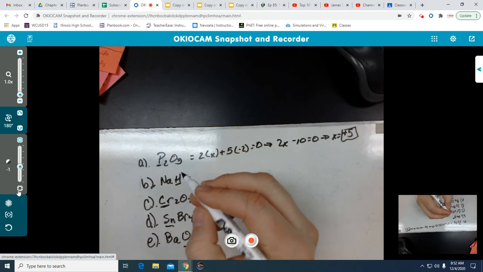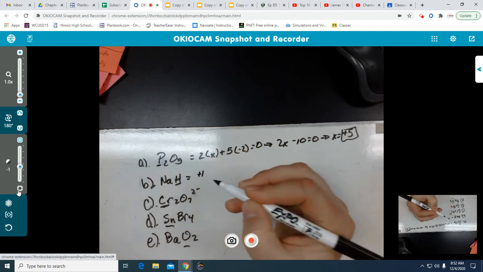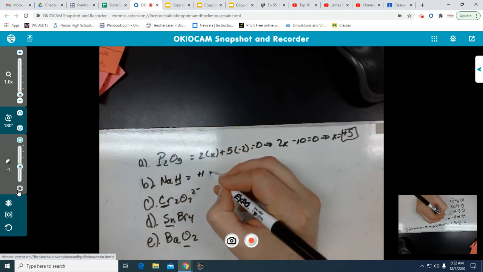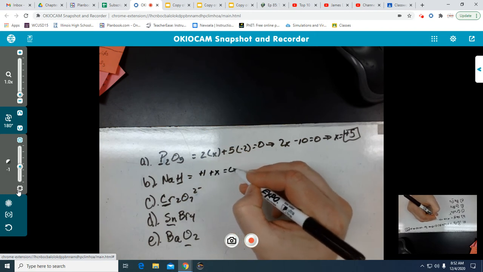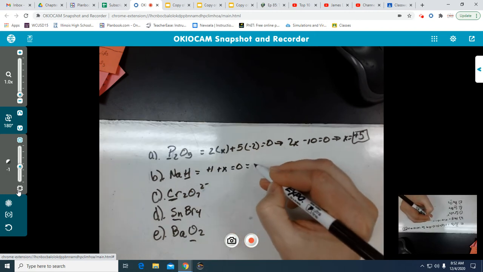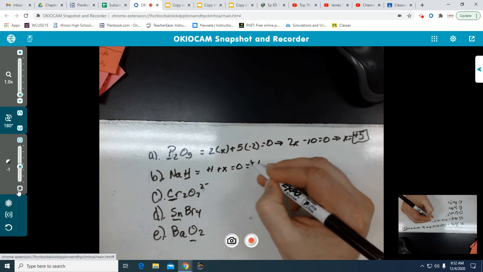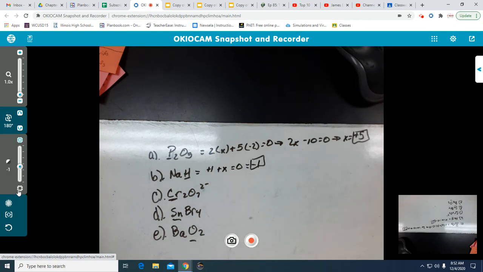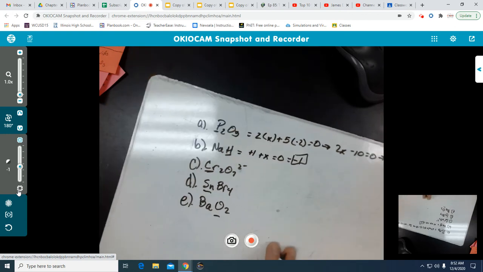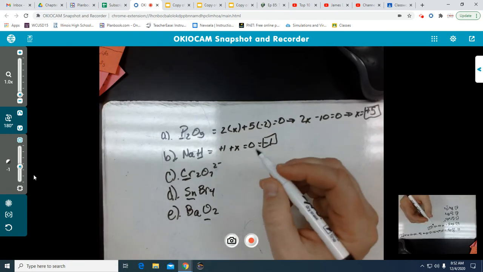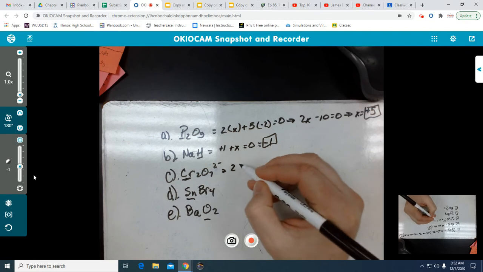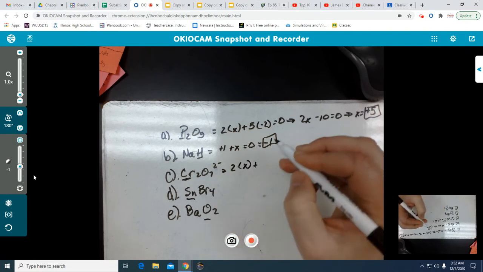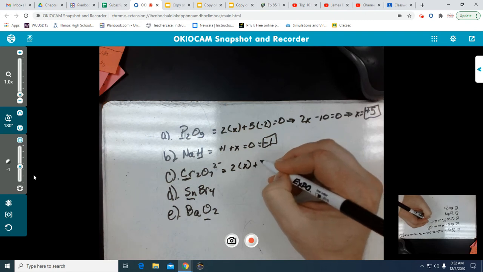Let's look at B. Sodium is going to be a +1. Hydrogen, which we're solving for, gives us an X, and the compound is neutral. So solving for X, you get -1 for X. For C, again, setting up the same way. Chromium is our unknown. We have 2 chromiums, so 2X plus 7 oxygens.